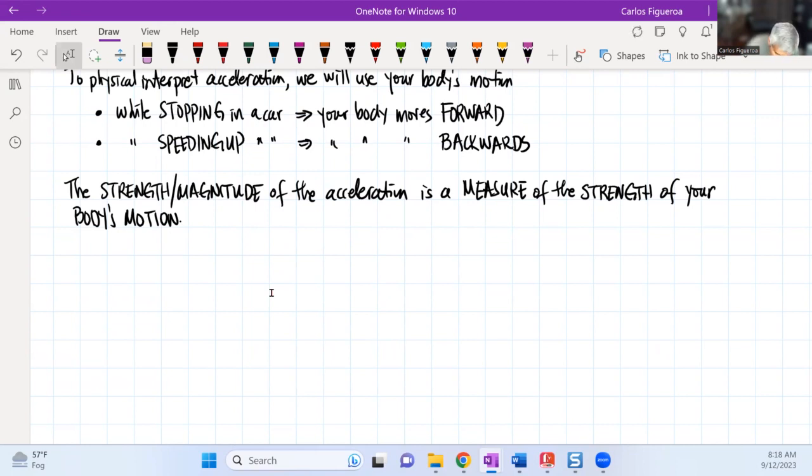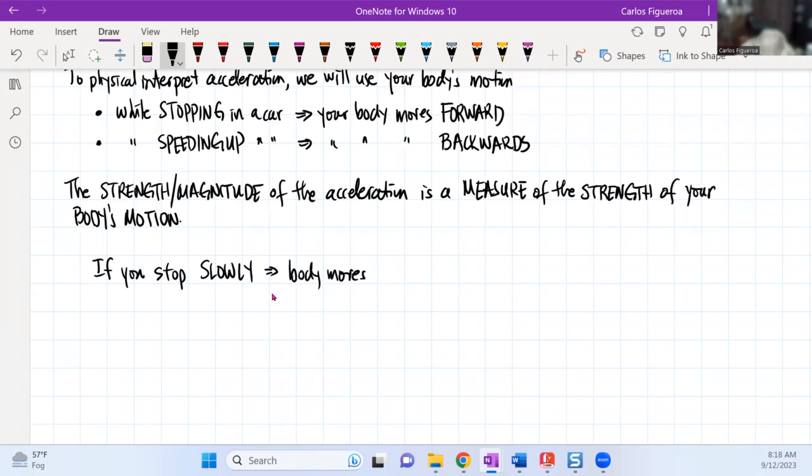Now, here I go. So the first thing that we should look at here is that if you stop slowly. So what do I mean by stop slowly? That means you're stopping over a large time interval. What happens to your body? Your body moves slightly forward.